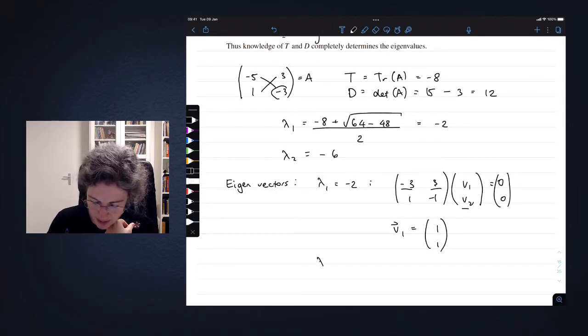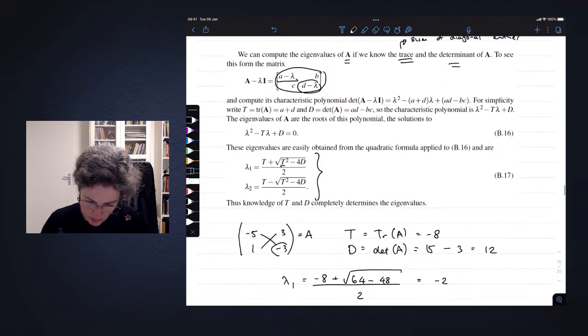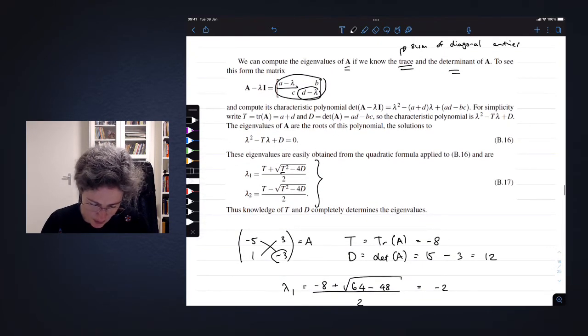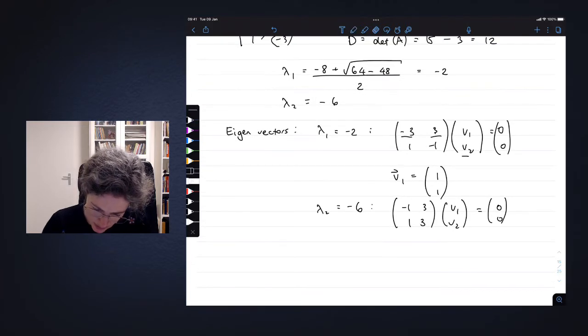And similarly, if you have a look at lambda 2 equal to -6, then you're solving the equation (-1, 3; 1, 3) times (V1, V2). We'll just double check that, it has to be equal to 0. So we've got -5 plus 6, so that's going to be a 1 and a 3, so that should not be a minus.